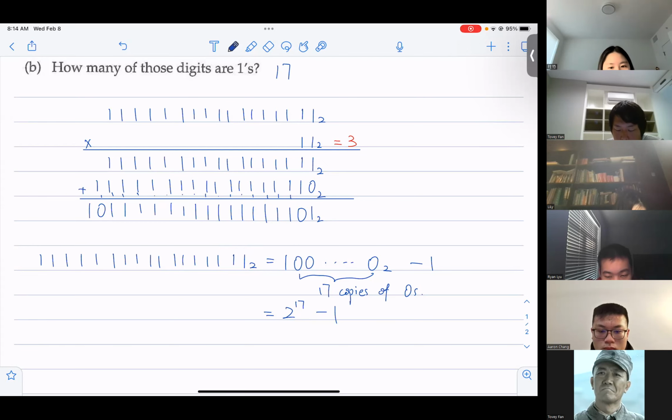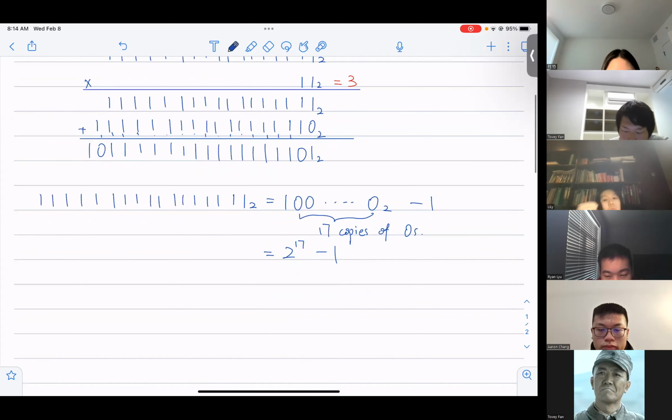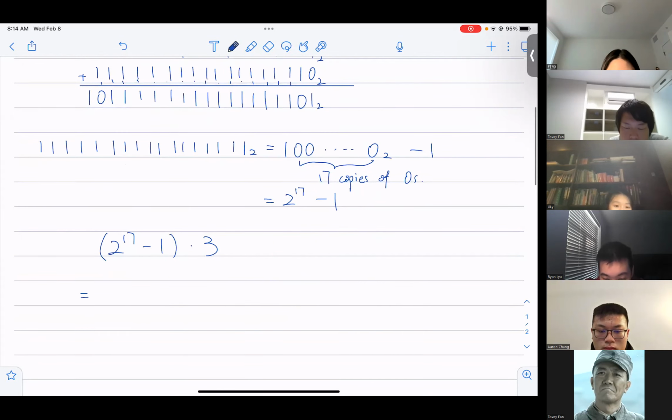Okay, and then you're going to triple this, so you're going to times it by 3, right? Now when you times by 3, if you just try to get a result and then convert it back to binary, it's going to take a long time, right?